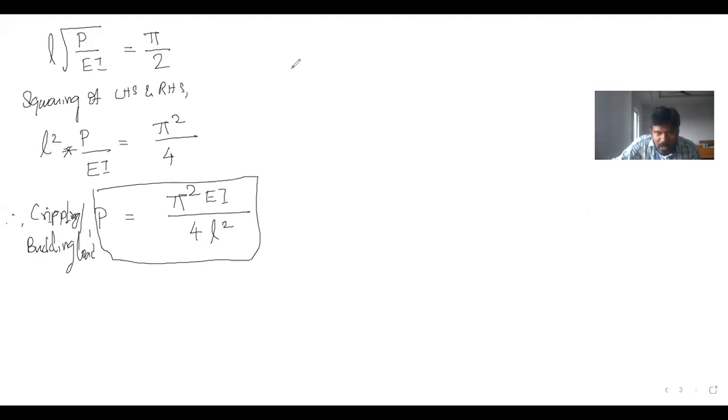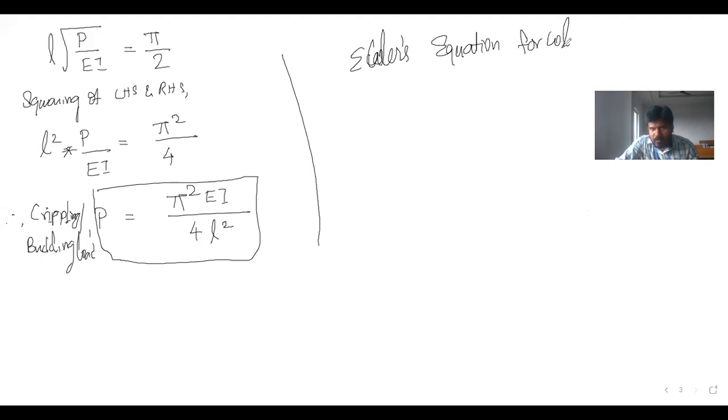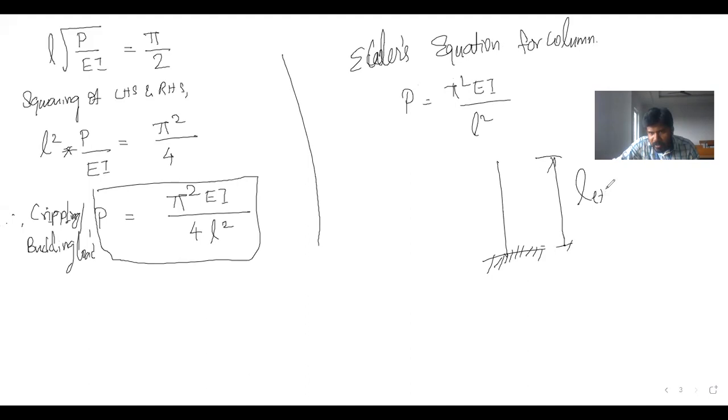Normally, for the Euler's equation for a column, we already said that P is equal to pi squared EI by L squared. For one end fixed and the other end free, the effective length is equal to 2 times L. In the above equation, if I substitute L effective equal to 2L, what will happen?